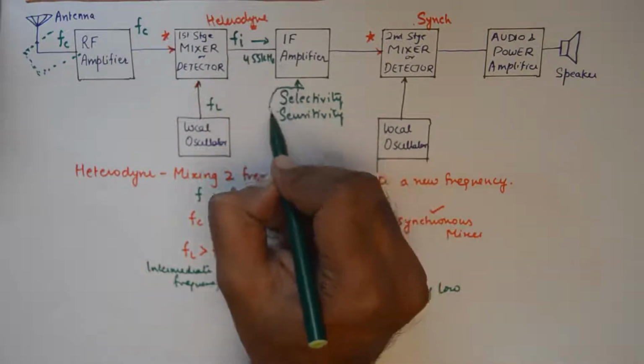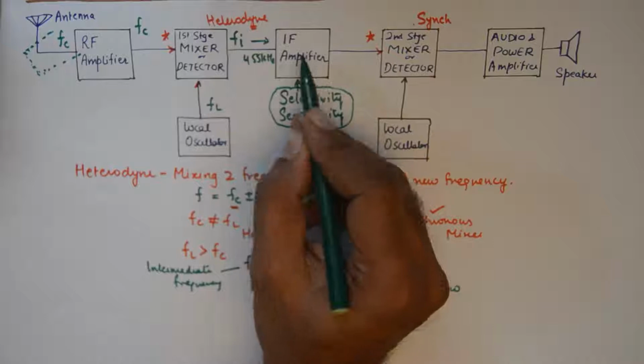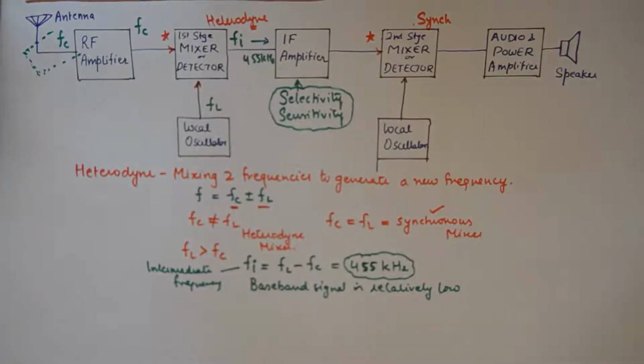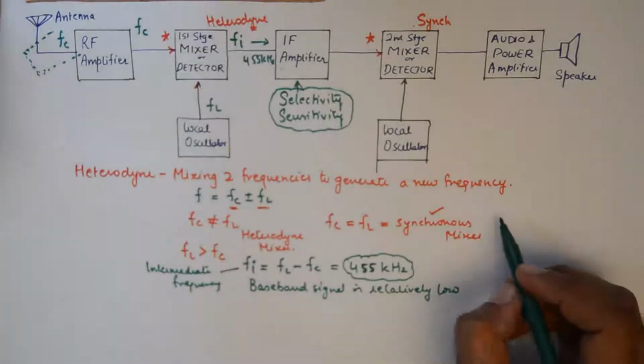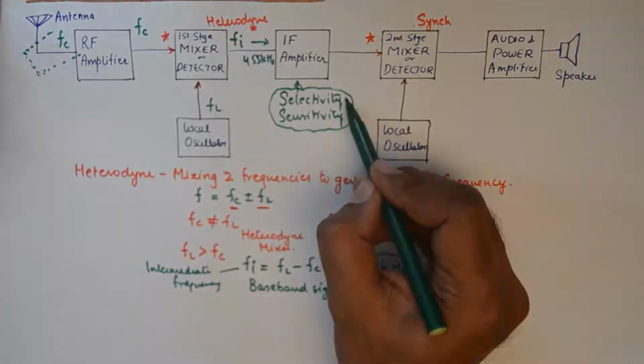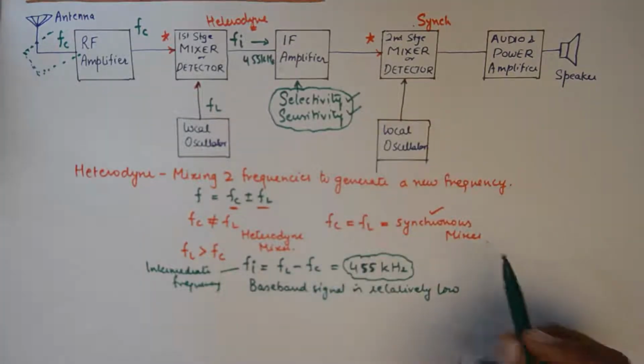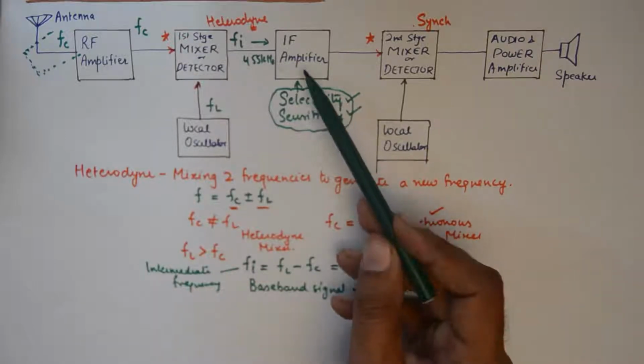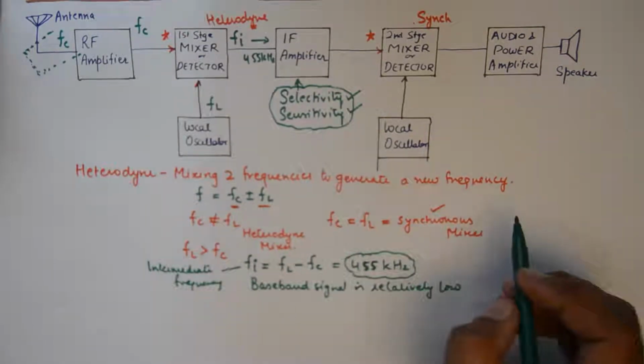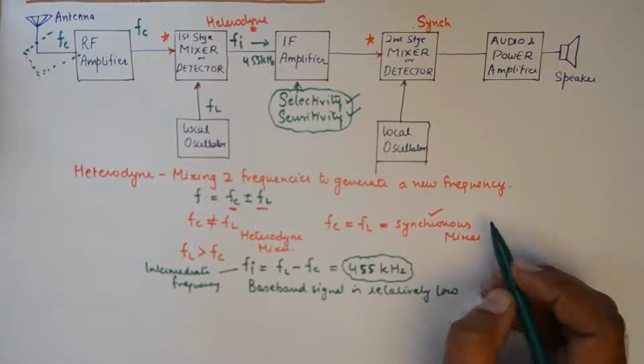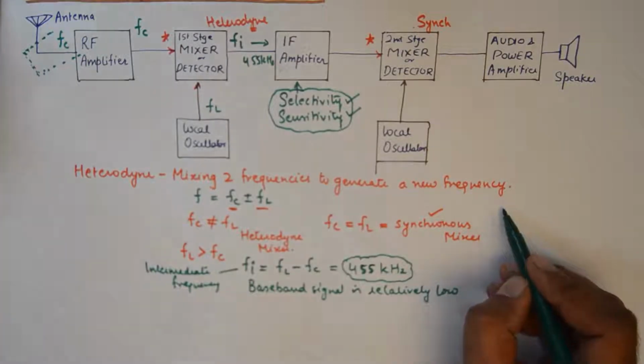So both these things are being done at the IF amplifier stage in a superheterodyne receiver. Now please understand, I'll talk about these two parameters. If we talk about selectivity, selectivity depends upon Q factor.